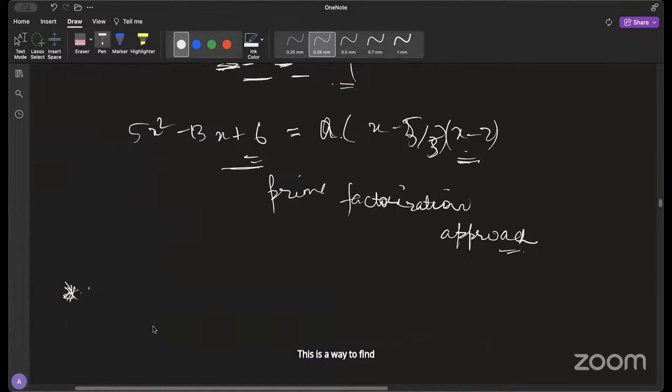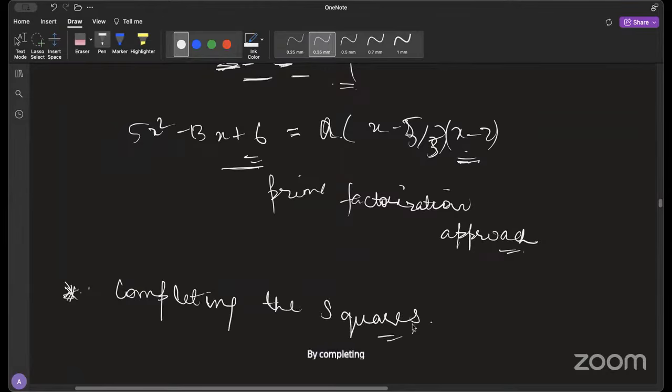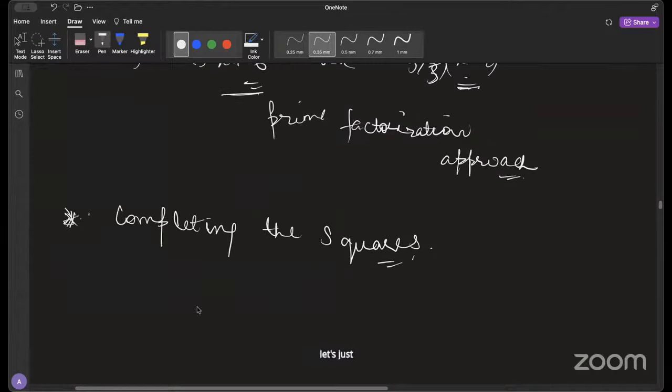And then another way to find roots is by completing the square. By completing the square means, let's just say you have x square. Can we take a random equation? Anyone who can suggest a random equation?